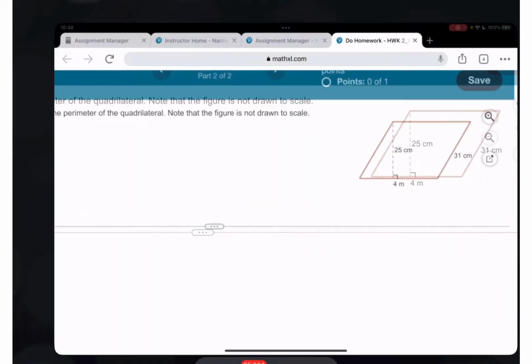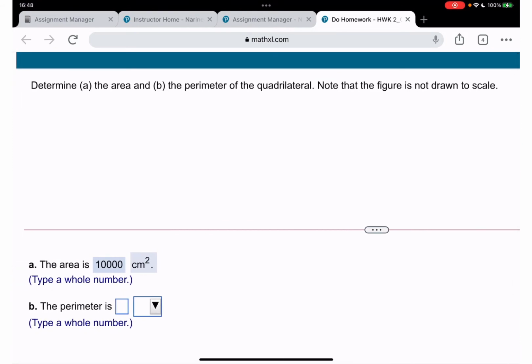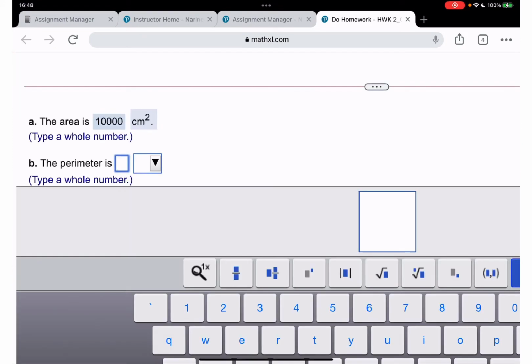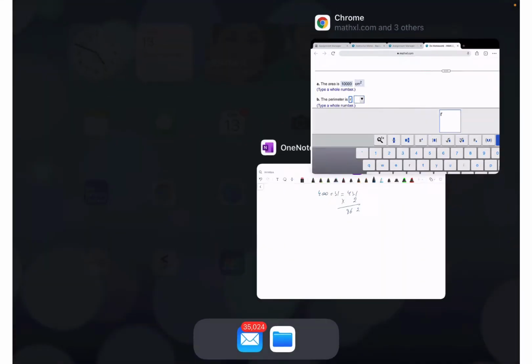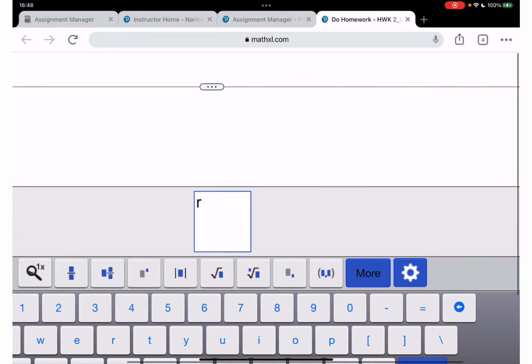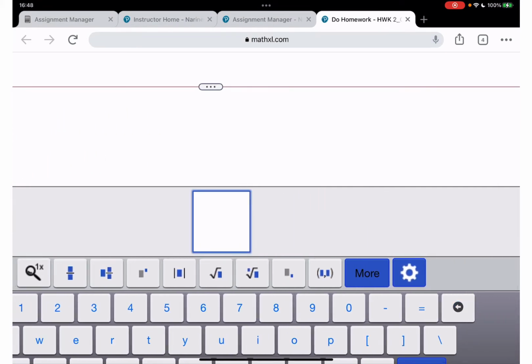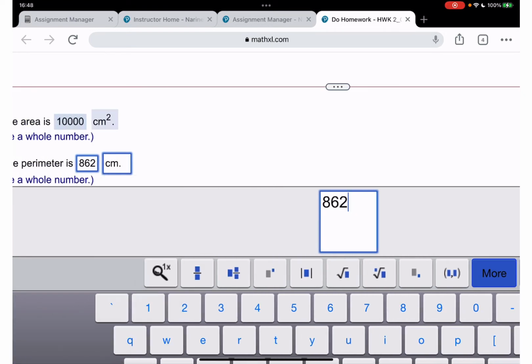But this is going to be simply centimeters, because we don't multiply centimeters by centimeters. 862, and here it's going to be simply centimeters, because we don't take length multiplied by width.